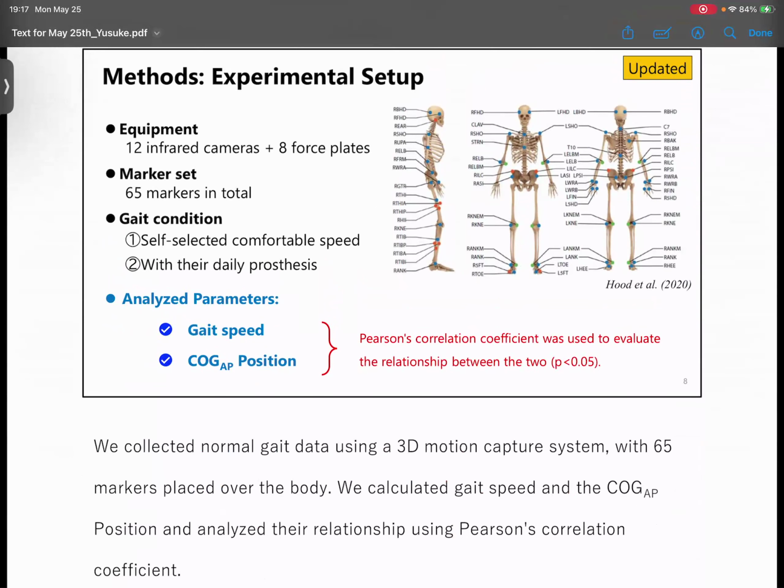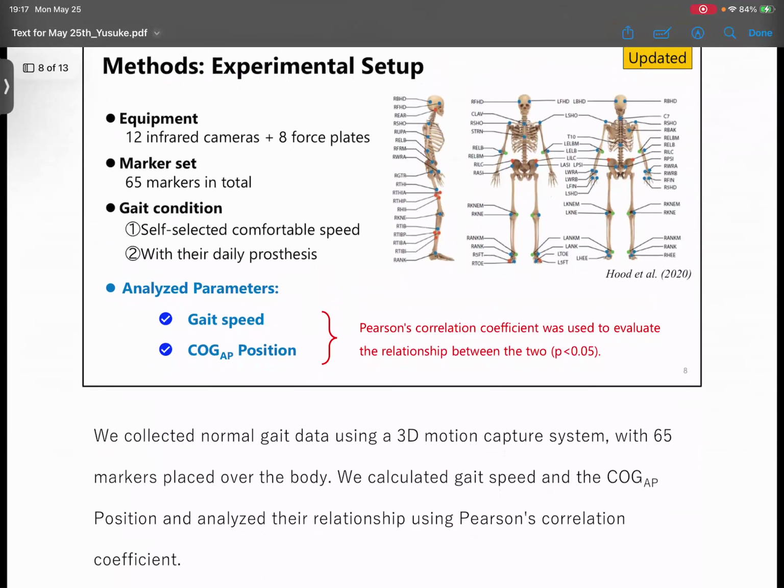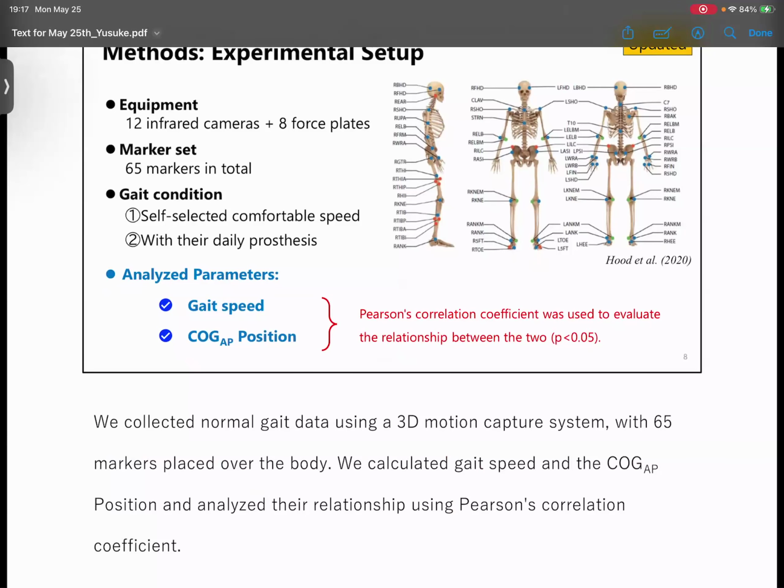We collected normal gait data using a 3D motion capture system with 65 markers placed over the body.